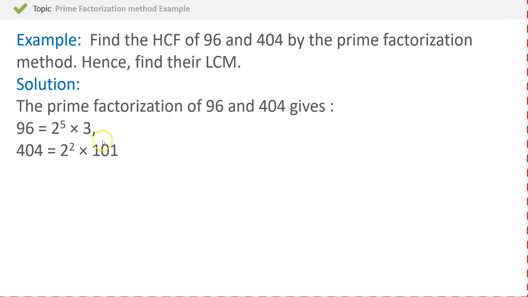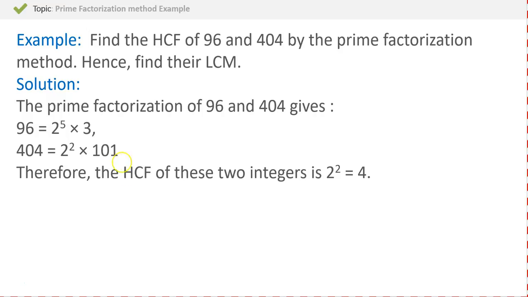In this case 101 is also a prime number. Therefore the HCF of these two numbers is going to be the common number, which is 2 in this case, with the least power, which is 2 between 2 and 5, and hence my HCF is 2 square, which is nothing but 4.